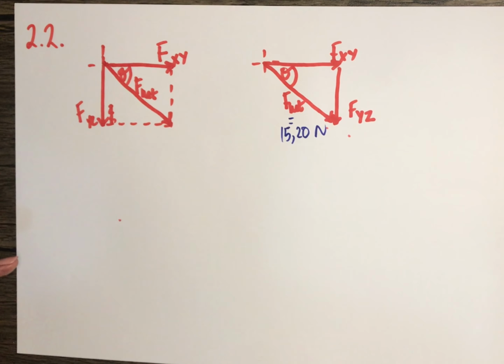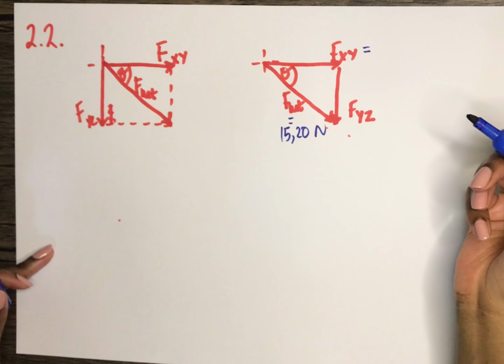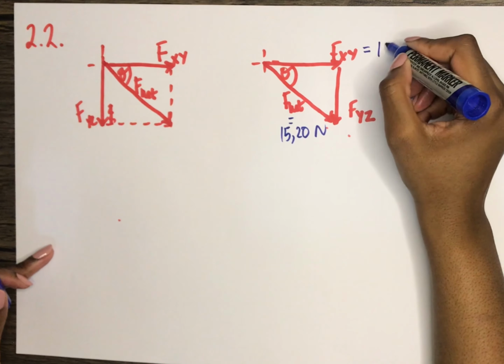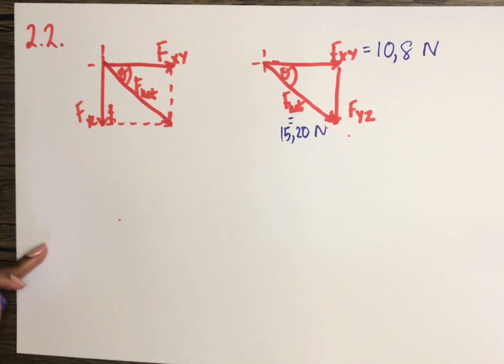From the previous calculation, 2.1, this we already calculated and found to be 10.8 newtons, right? Remember, spheres X and Y experience the same magnitude of electrostatic force, right?